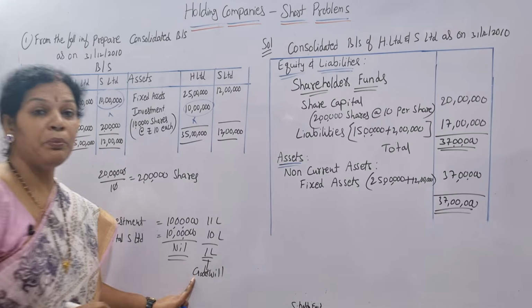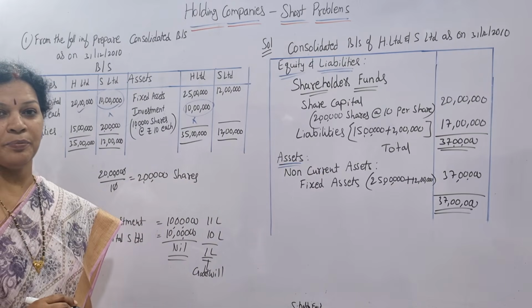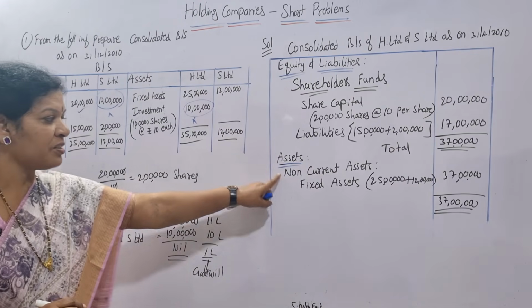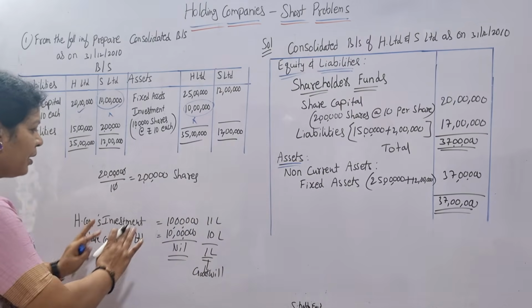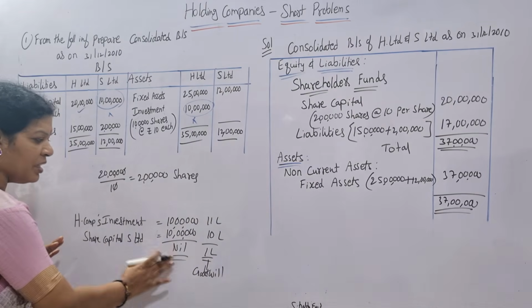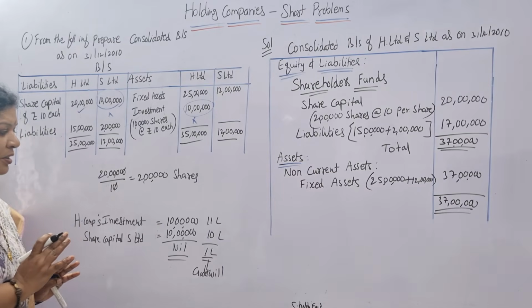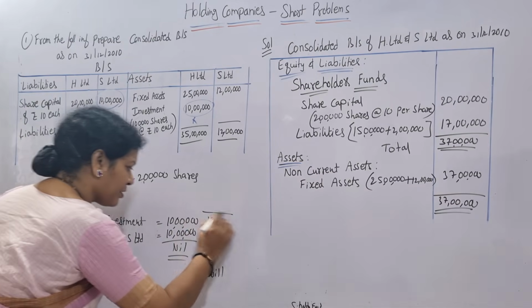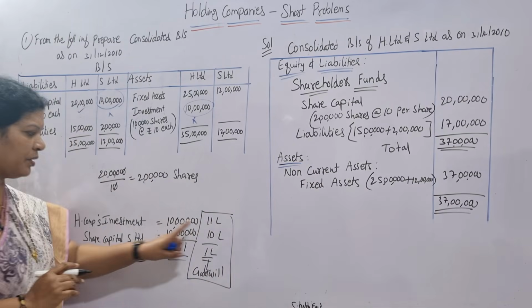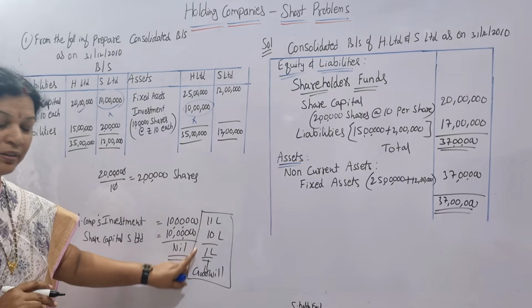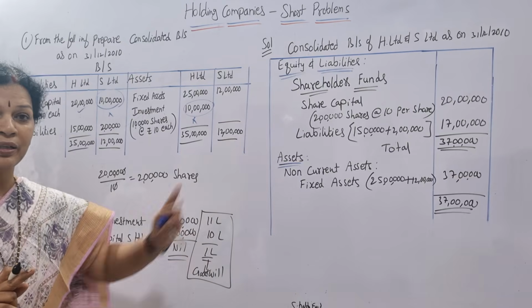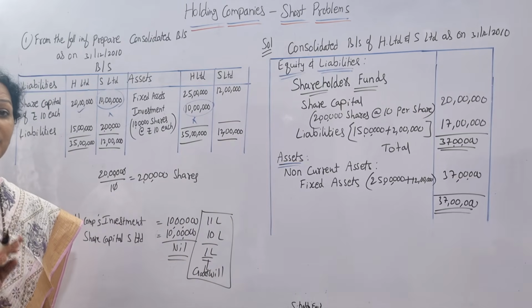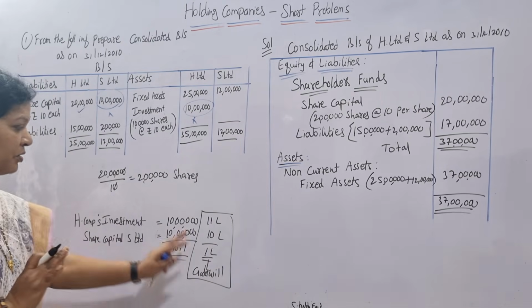Goodwill we would have written on the asset side as an intangible asset, as opposed to tangible assets, fixed assets. But in this problem it is nil. Are you getting it? This is one case.